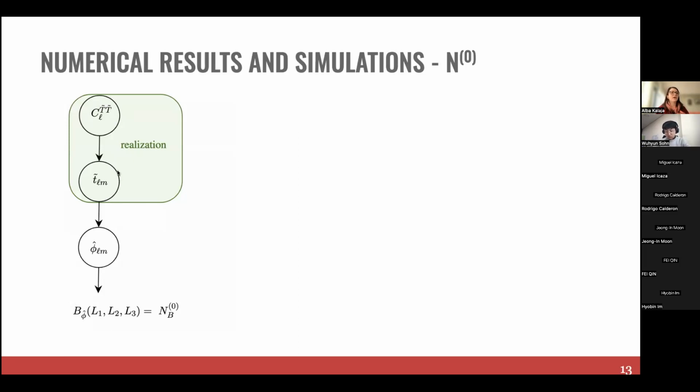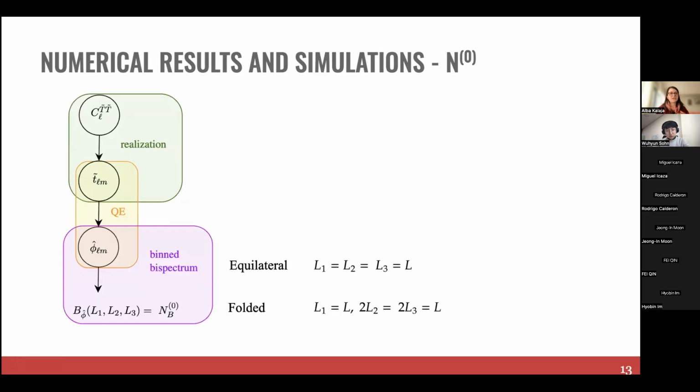You take your spherical harmonics coefficients, and then you use the quadratic estimator to reconstruct phi from it, and you use a binned bispectrum estimator to compute the bispectrum from the map, so from the spherical harmonics coefficients of the map.